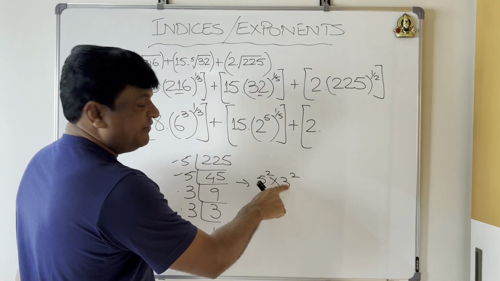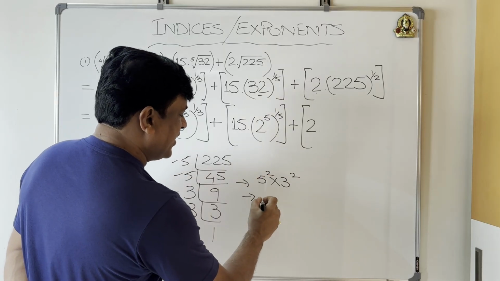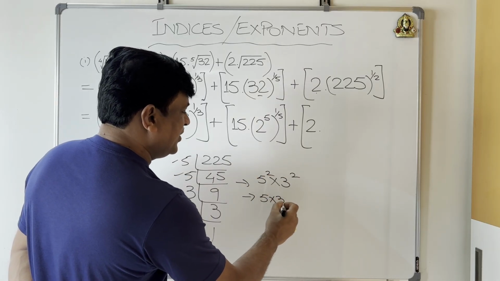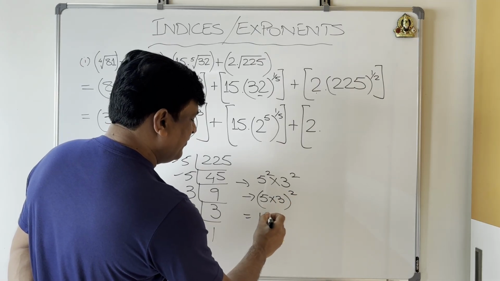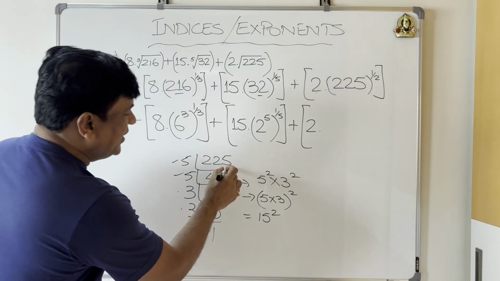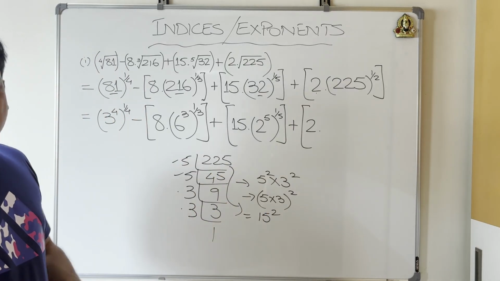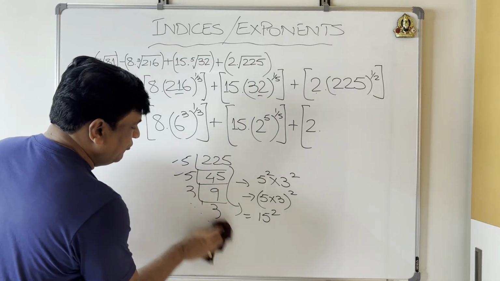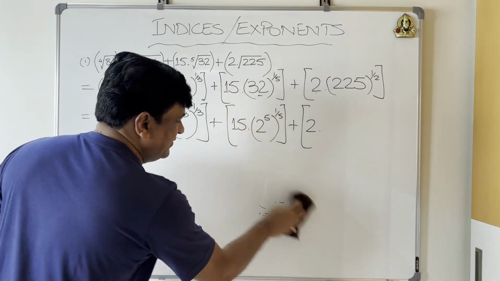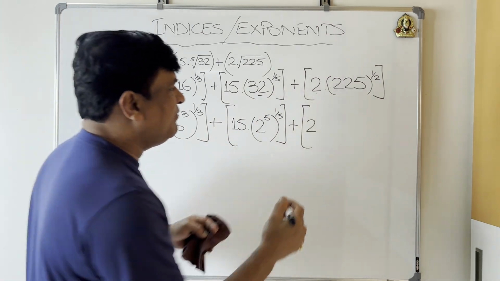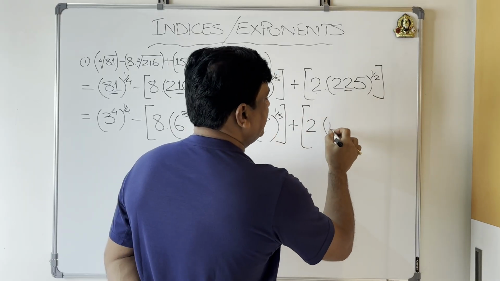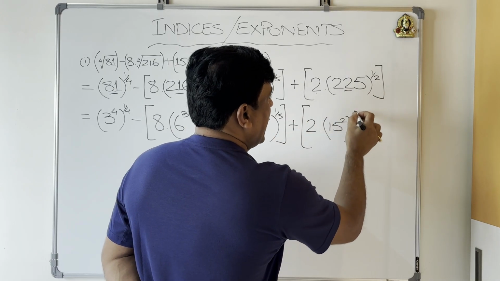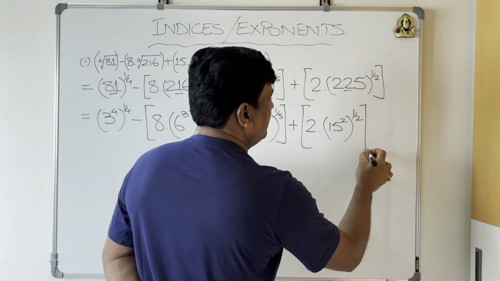The bases are different but the exponents are the same. So can I write it like this: 5 into 3, whole to the power 2, which can be written as 15 to the power 2. So 225 is nothing but 15 square. 15 into 15 gives you 225. You might be knowing all these things by now, so I'm just doing it in a simplified way so that it becomes easy to understand. 225, I'm replacing it with 15 square, to the power half.